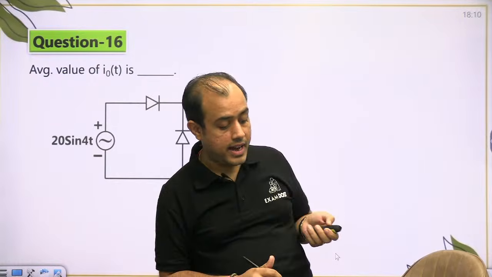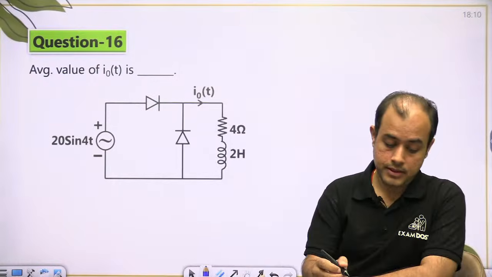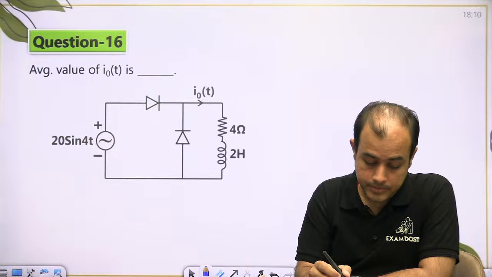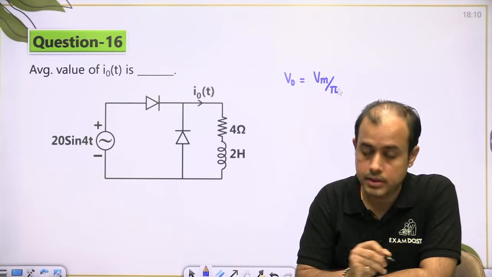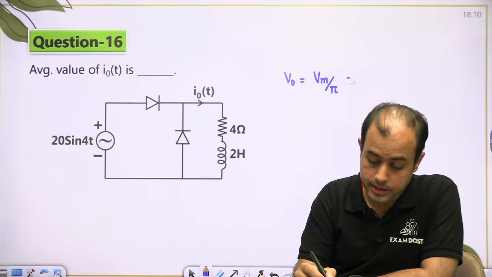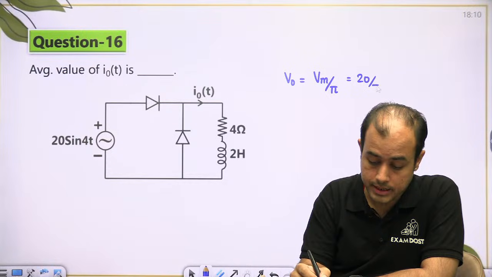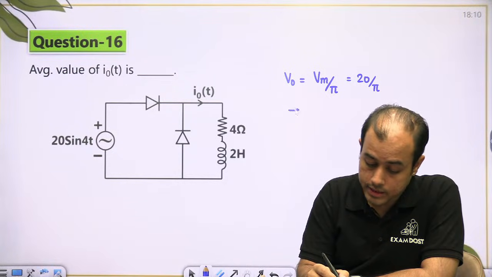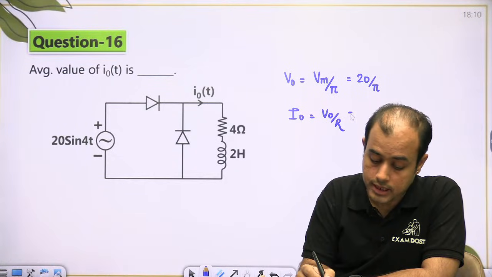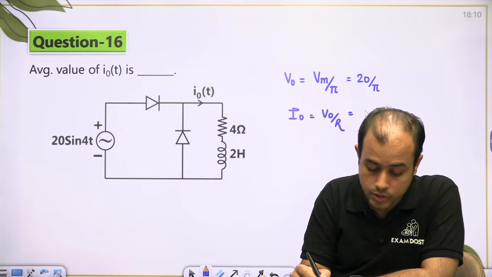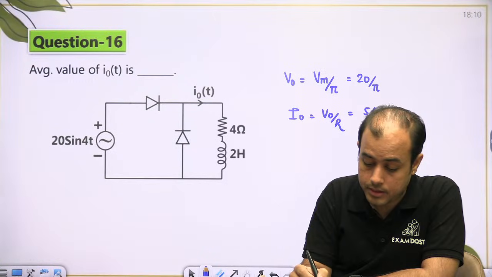Now average value of I naught. V naught is Vm by pi. Okay, so it will be 20 by pi. So I naught will be V naught by R, because after pi your freewheeling diode will start to conduct.